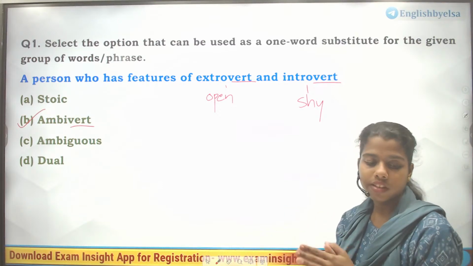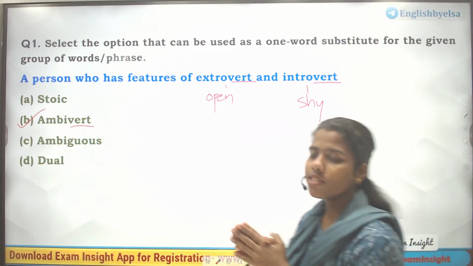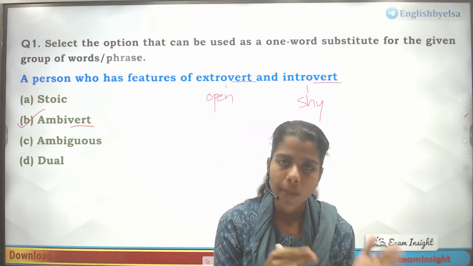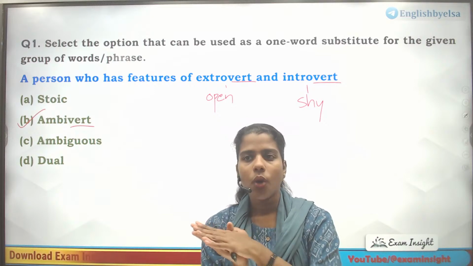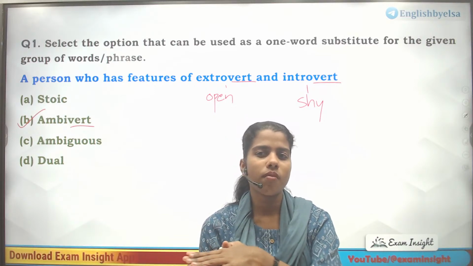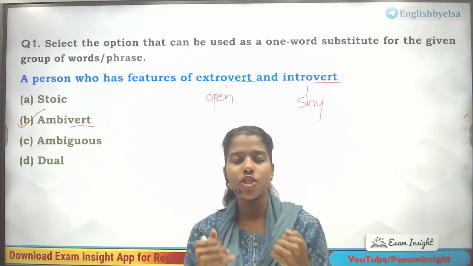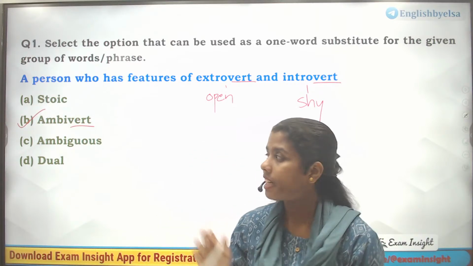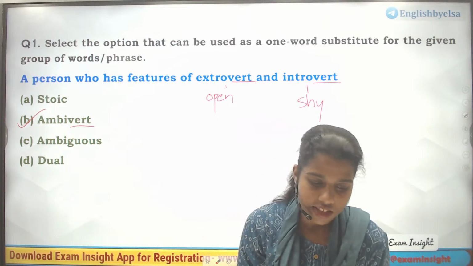Stoic means what? It is a long sentence, so I'll just explain. Stoic means who endures pain or hardships without showing others. That means without showing anything to others, they endure every pain and hardship. That is what stoic means.